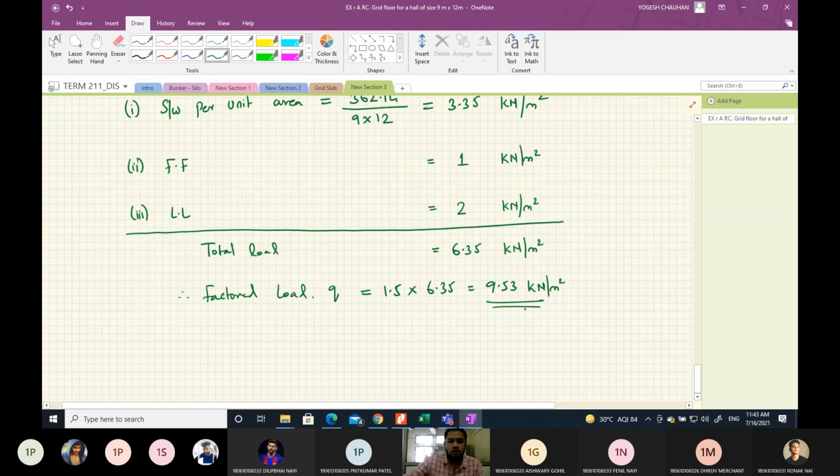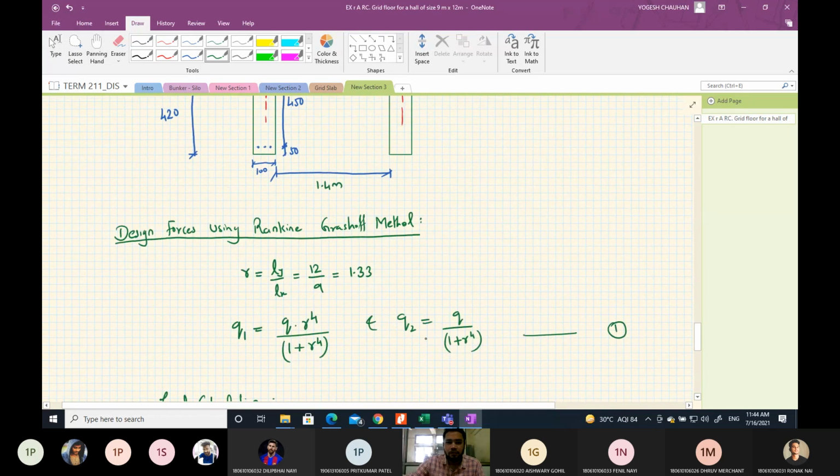So now from 1 we will get Q1 is equal to Q r raised to 4 divided by 1 plus r raised to 4, which is equal to 9.53 into the value of r, which is 1.33.